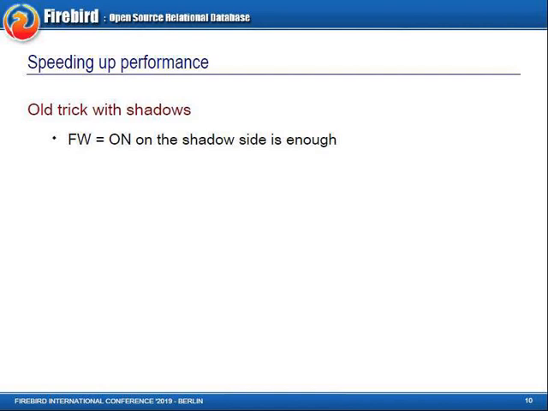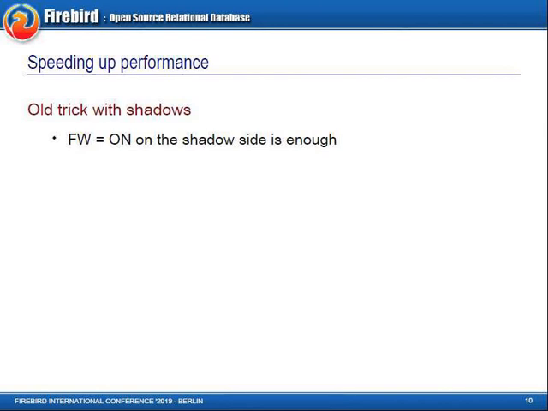But the problem is that the shadow copy uses exactly the same forced write mode as the master database, the primary database copy. If they are both with forced write turned on, it means that every write is twice as slow, because every page is written to the primary database and then to the shadow database, synchronously, in the blocking mode.